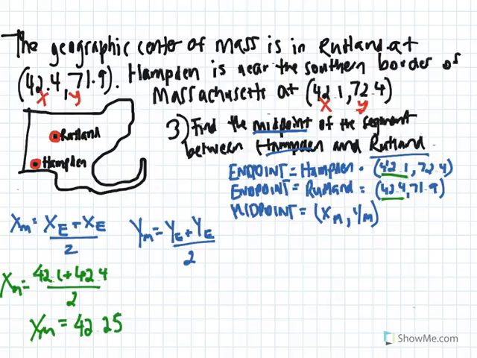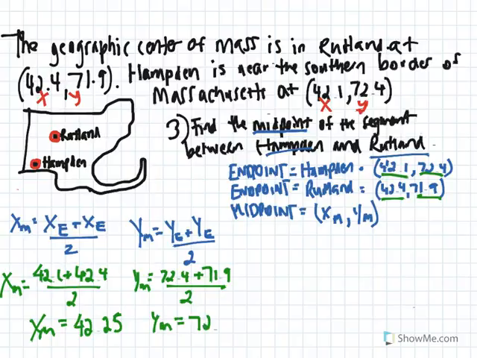All right, and then on the y side, our y midpoint is unknown. We are trying to find it. Our y endpoint is 72.4. Our other y endpoint is 71.9. Divided by 2. Y midpoint is 72.15, I'm so sorry.